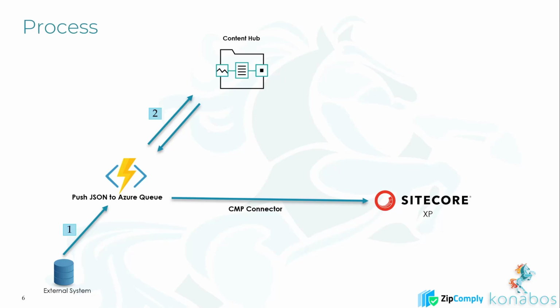If you do have the CMP connector enabled, then the moment the content gets created, if you put it in the right publication status, and you define that according to however you configured your CMP connector, it'll get synced back into Sitecore. But for the purpose of this demo, we're just looking at item 1 and item 2, not really looking at the CMP connector because we took care of it in a previous video.